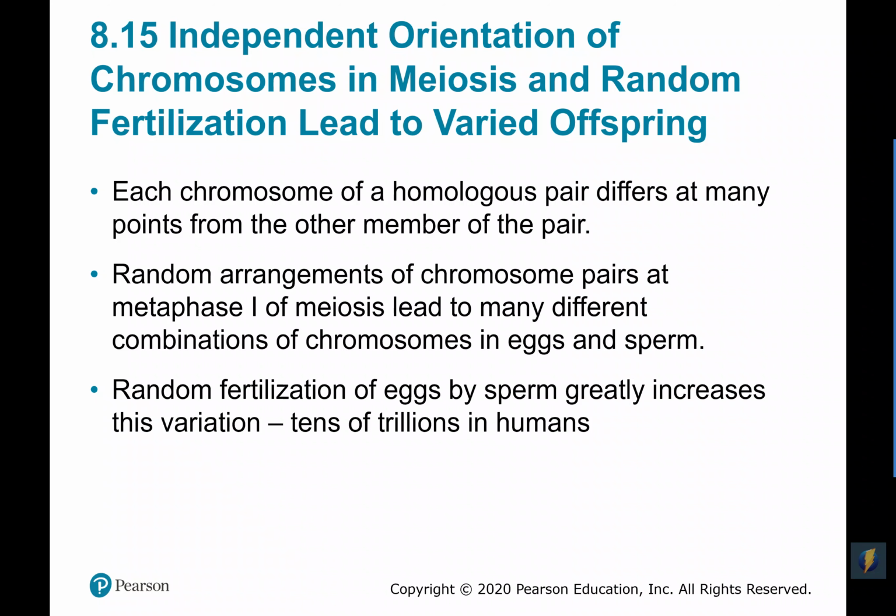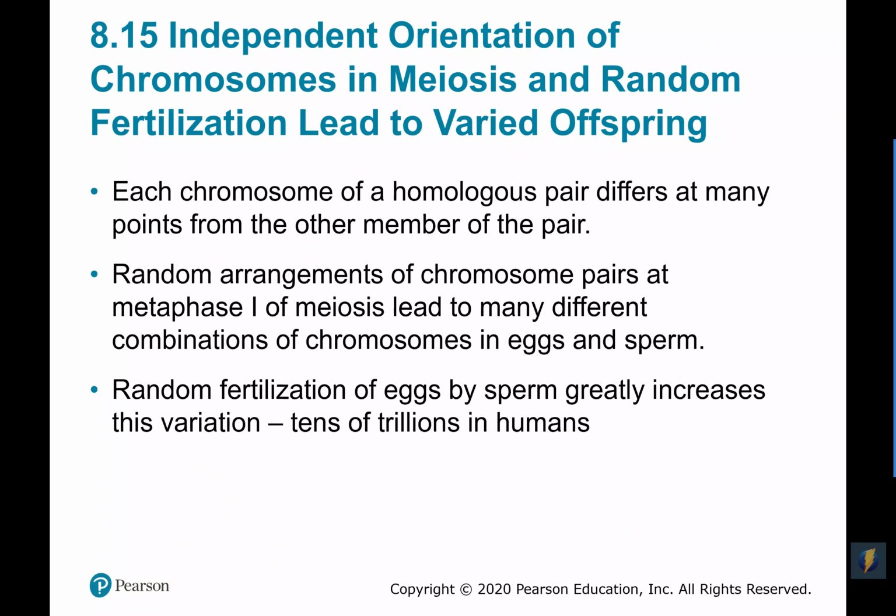You get random fertilization. The chromosomes in each homologous pair differ in many different places, and how they line up during the earlier processes in meiosis leads to a whole many combinations, tens and tens of trillions of combinations of ways that sperm and egg can combine to each other.